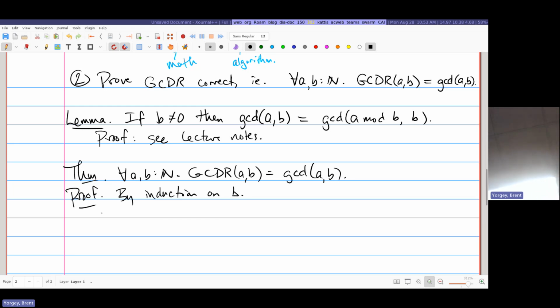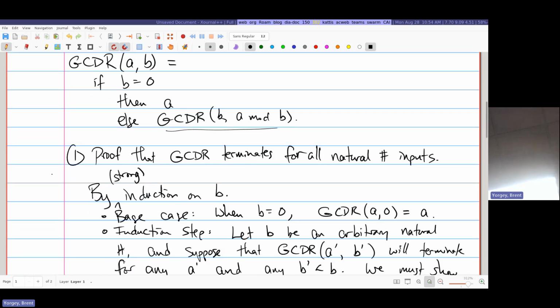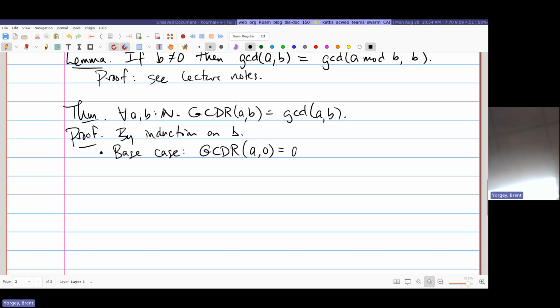So by induction on B, in the base case, GCDR of A, 0: we just look at the implementation and see what it does. If B equals 0, it returns A. But now we have to ask, what is the little GCD of A, 0? We have to think in terms of the definition of GCD, and this was one of the things you did on your activity.